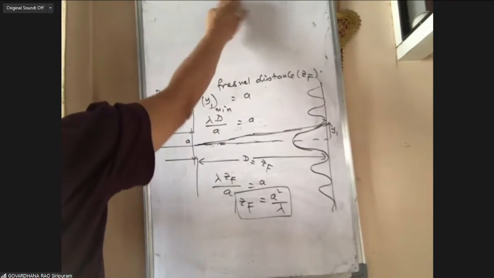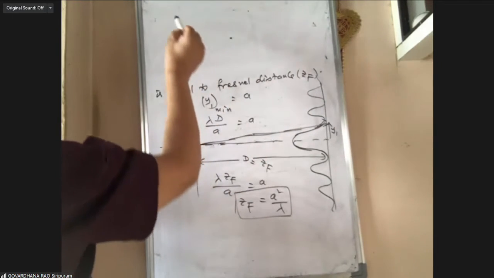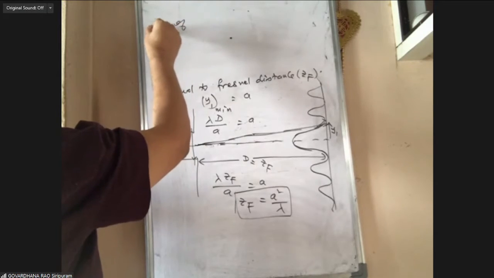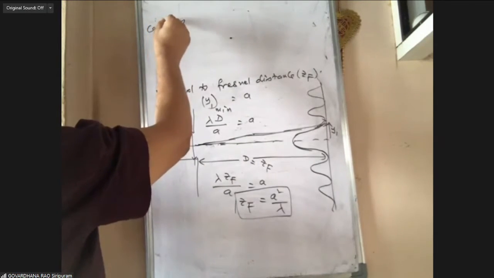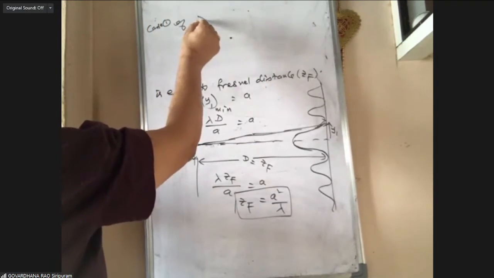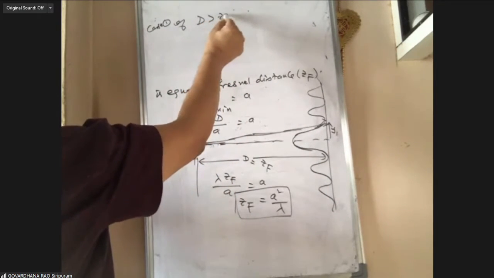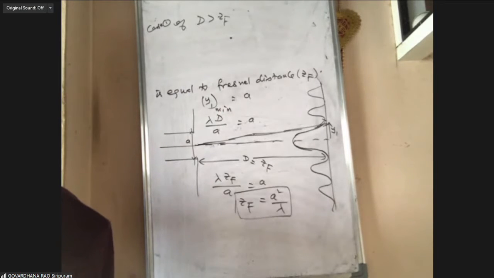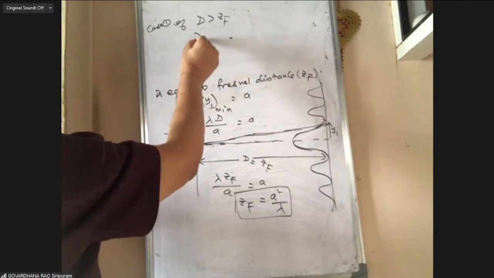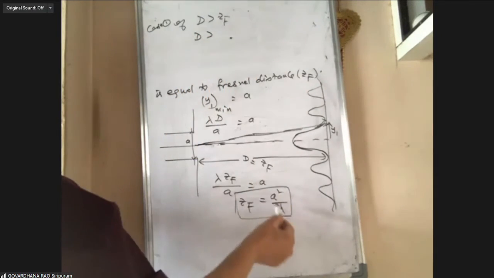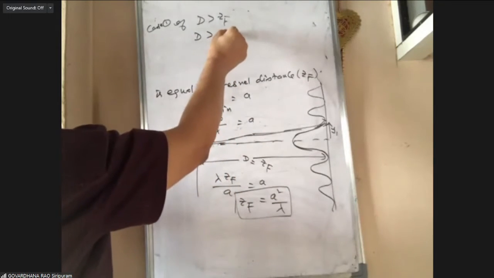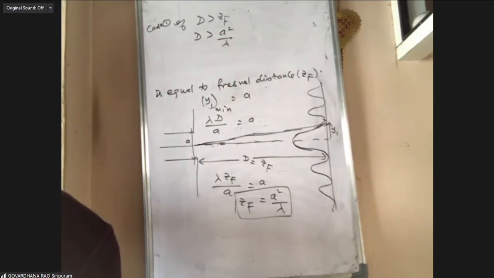Now, case 1: if D, meaning this separation, is greater than ZF. What is ZF? a square by lambda, correct?